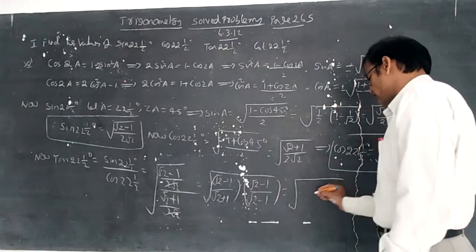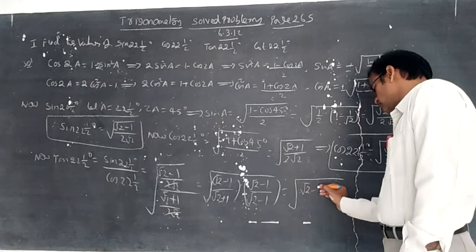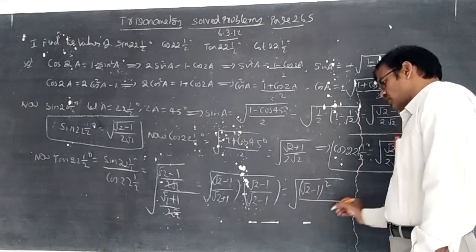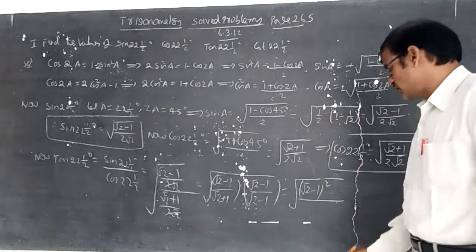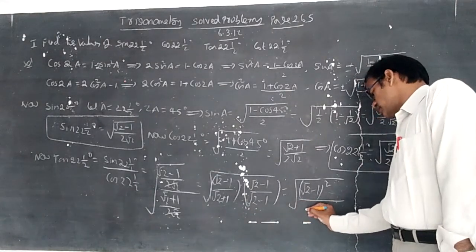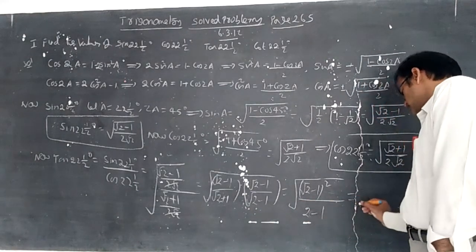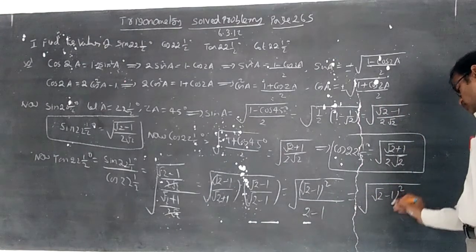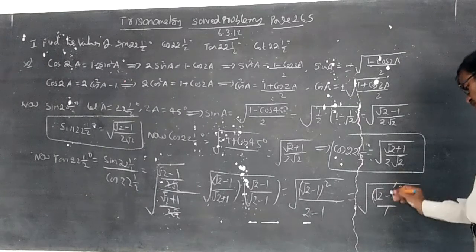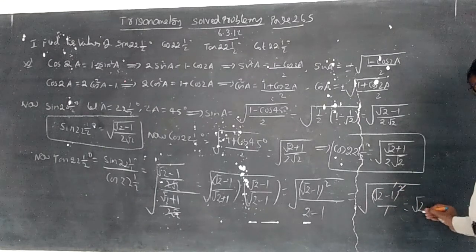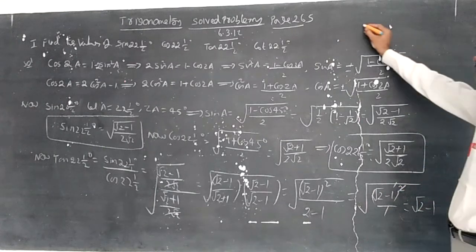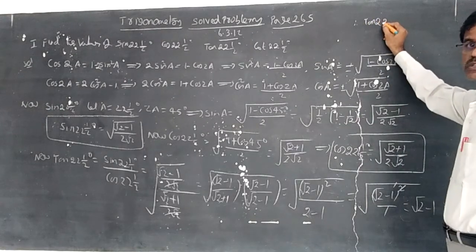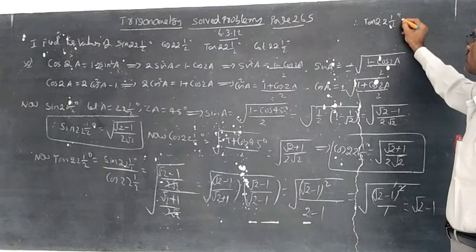So root of root 2 minus 1 whole square by, this is a plus b into a minus b becomes a square minus b square, so it becomes 2 minus 1. Of course, this is root of root 2 minus 1 whole square by 1. This square and this root will be getting cancelled. So tan 22 and half value is equal to root 2 minus 1.